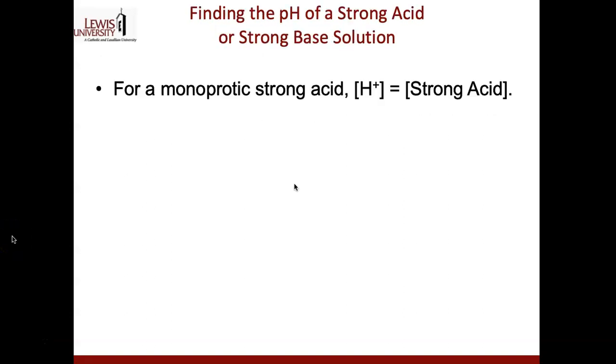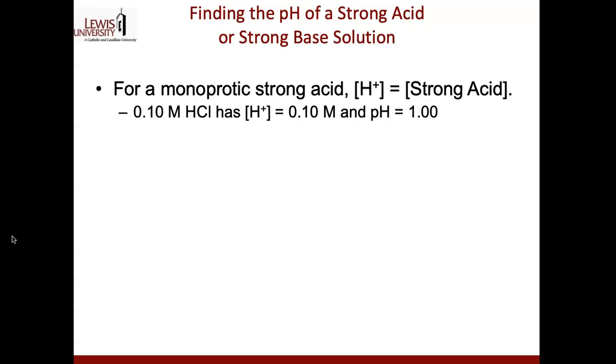Okay, one more thing we need to talk about is how to find the pH of a strong acid or strong base when you have a polyprotic acid. We talked earlier about how a strong acid like HCl will 100% ionize, so it's pretty straightforward to calculate this pH. If we know HCl is strong, then it's going to completely dissociate to create H plus and Cl minus.